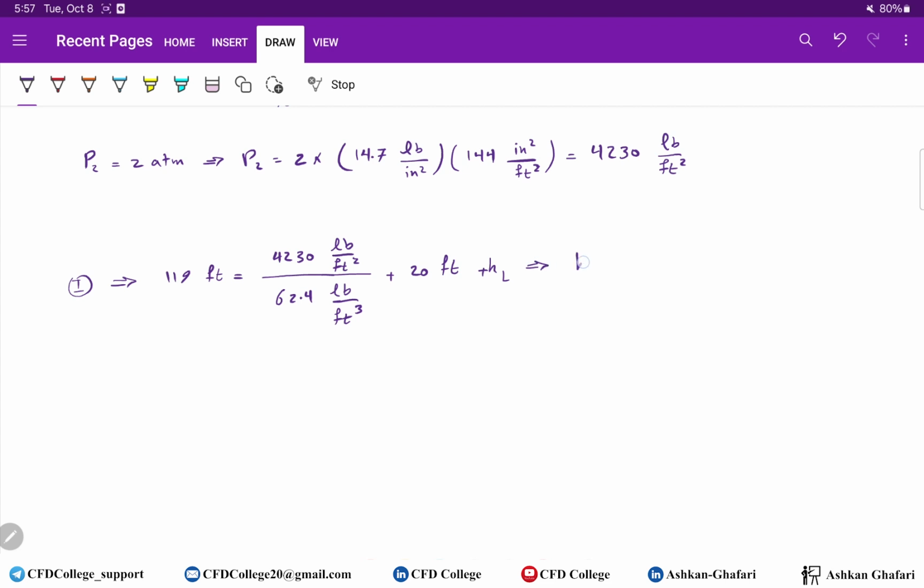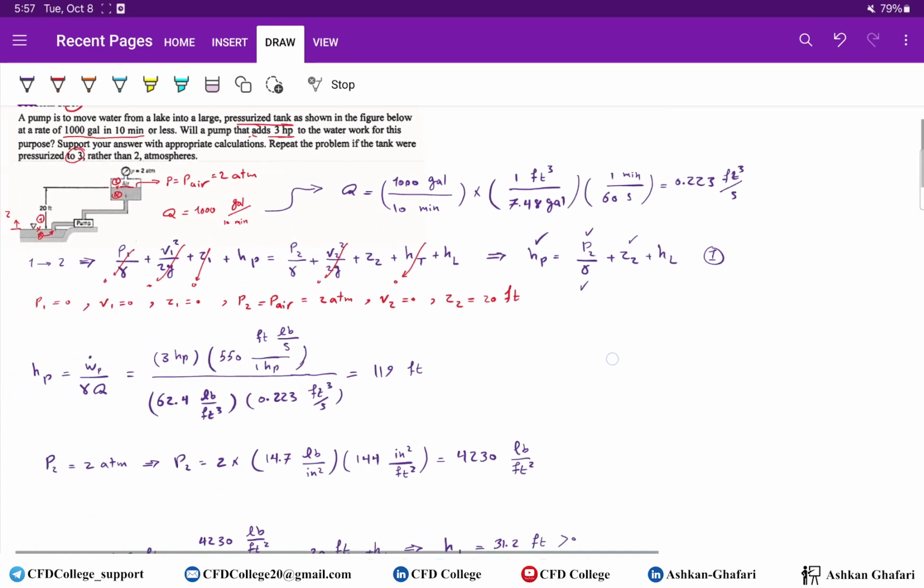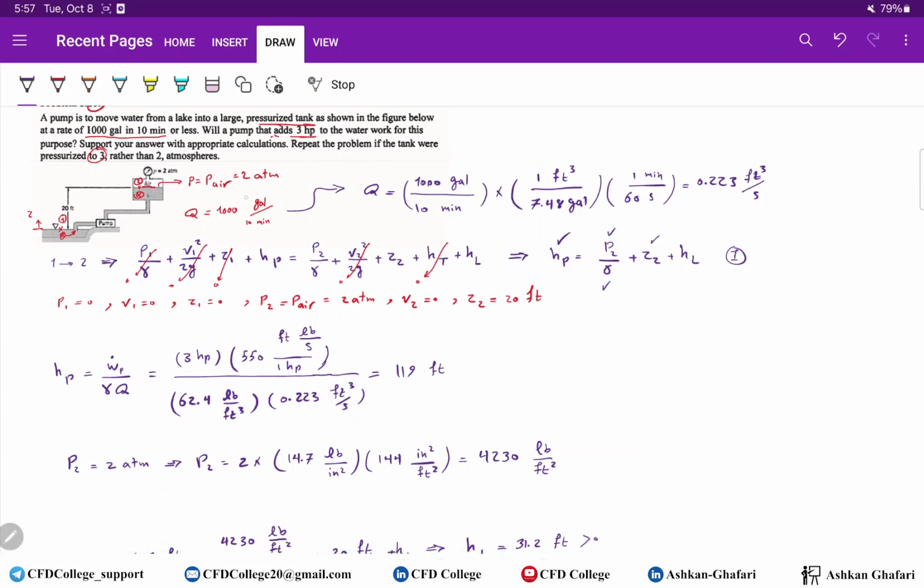So from this you can find HL, which is 31.2 feet. It's a positive value, which shows us this system will work. So the system can provide pressure equal to 2 atmospheres.